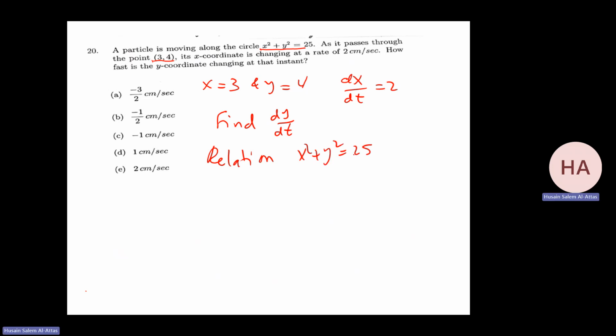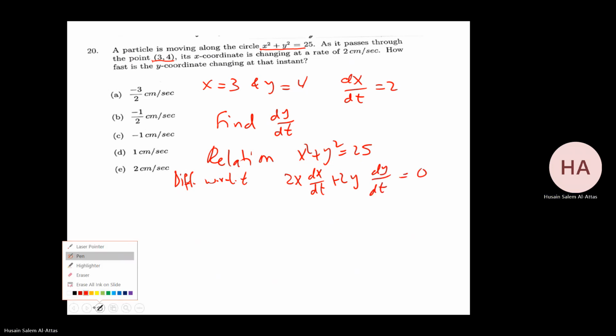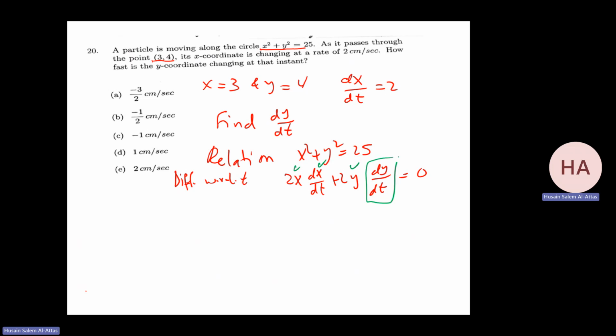So we just differentiate with respect to time. What we have? 2x dx by dt plus 2y dy by dt is equal to 0. That means what? This is given, this is given, y is also given, and we are looking for this one.